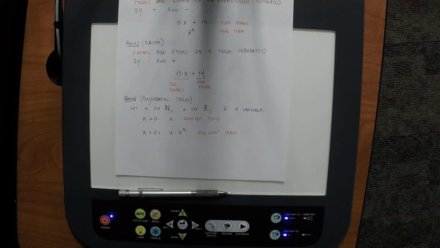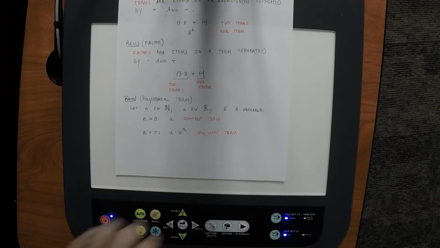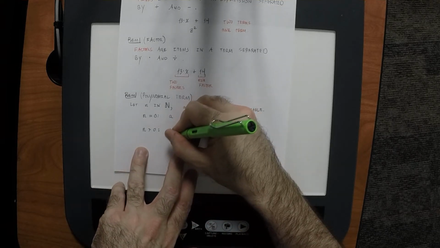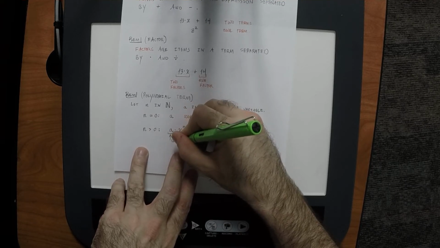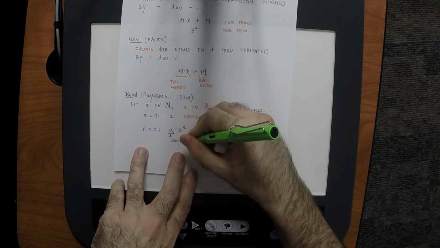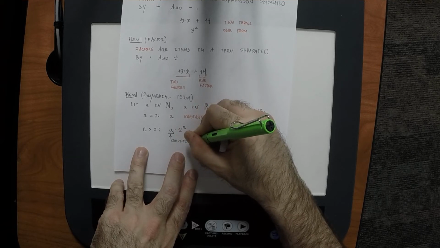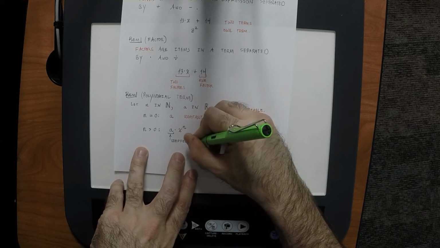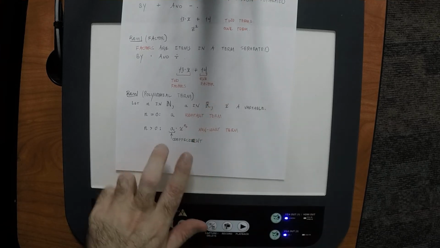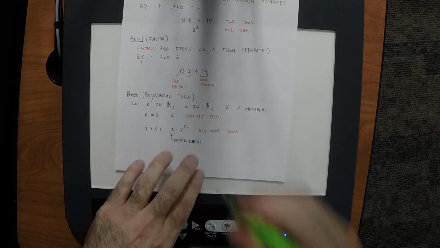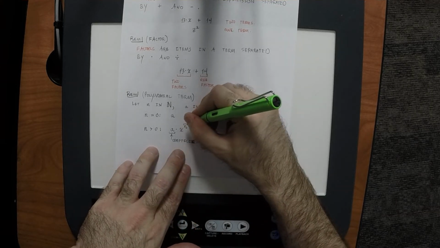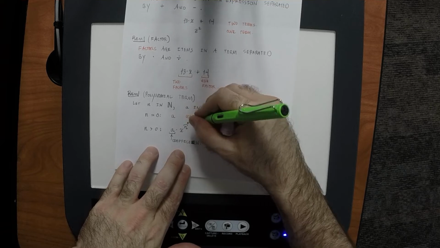Now, as for the a and the n, they each have a special name so that we can refer to them. The a on such a term is called a coefficient, and then n for that term is called its degree.